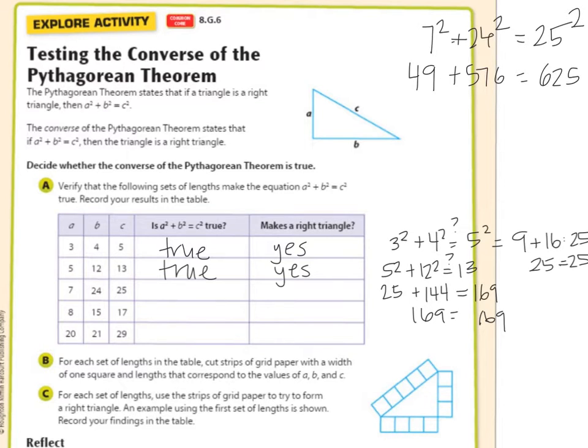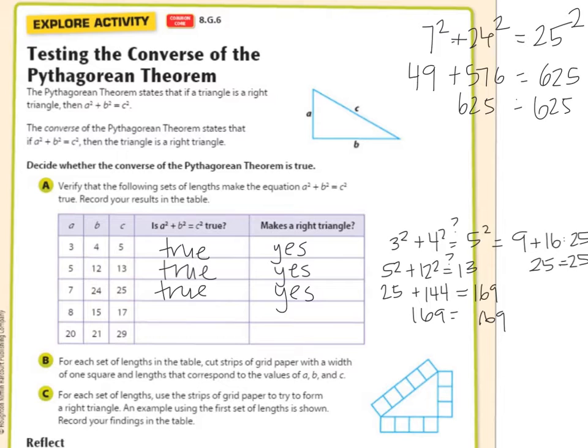So then I have to add these up. 576 plus 49 equals 625. So 625 does equal 625. This statement is true, and yes.